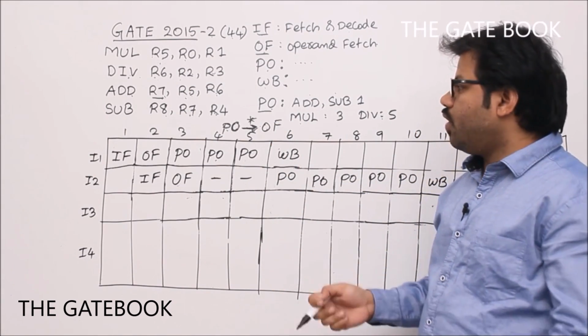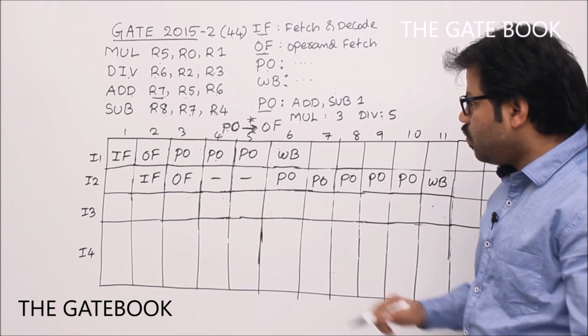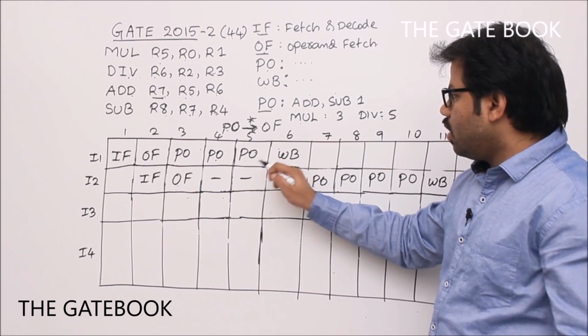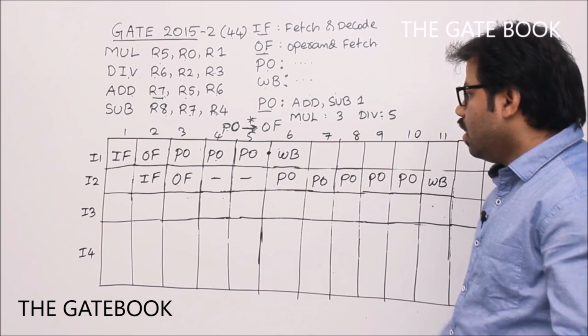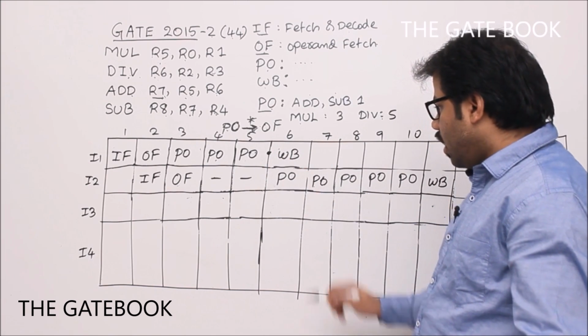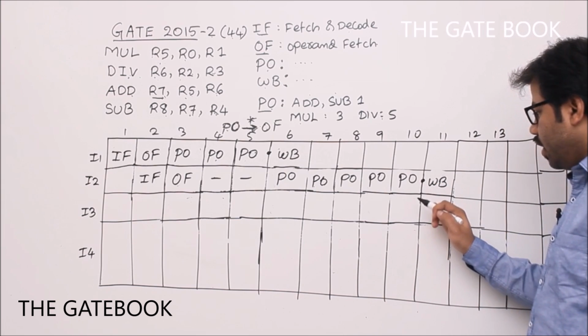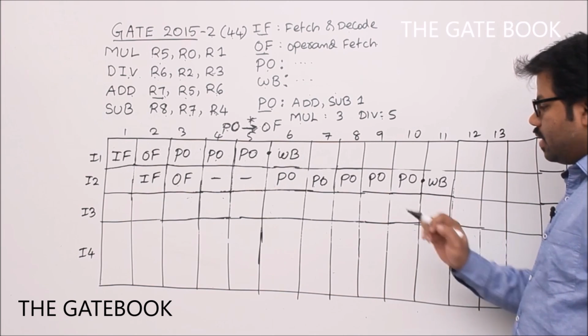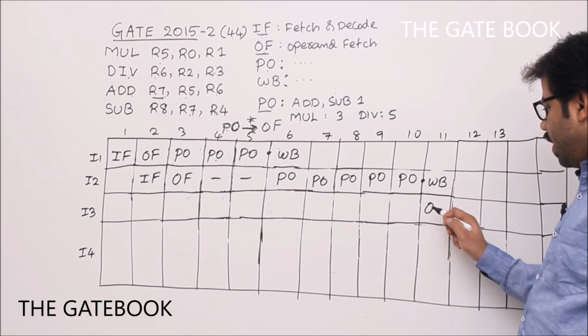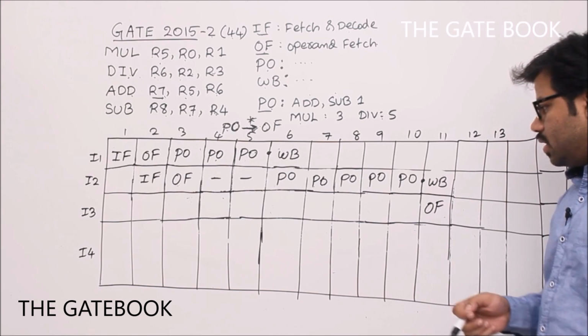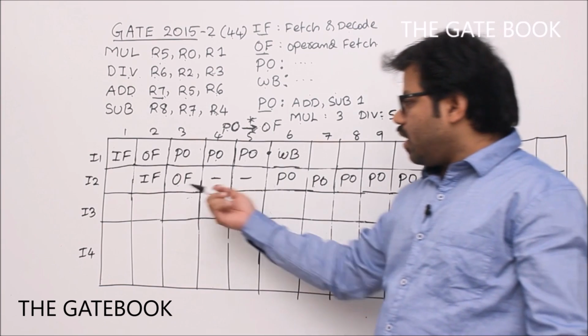That's why we have to wait for the PO stage. Let us just focus on the PO stage of instruction number 1 here, right? PO stage will be done here and PO operation will be done here, correct? So we have to start doing operand fetch here, correct? So that's why you write operand fetch here. Otherwise it is not possible.